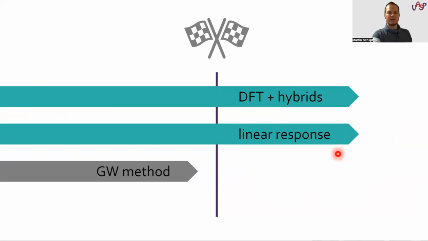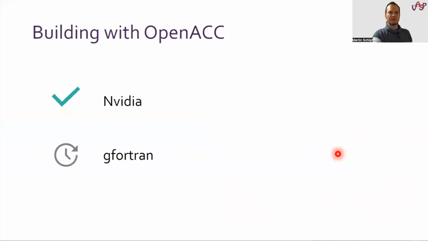To run this new version with OpenACC support, you need to compile the code with a compiler that supports the OpenACC standard. Currently, we only support the NVIDIA compiler, nvfortran. In the gfortran community, there is some work on moving to the recent OpenACC standard, but this is not done yet, so we don't recommend it. You can experiment with this, but we do not recommend it at this stage.